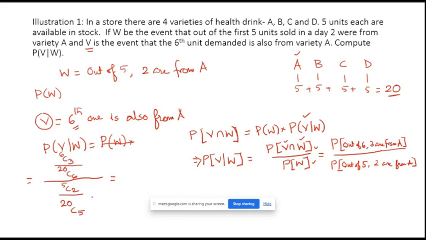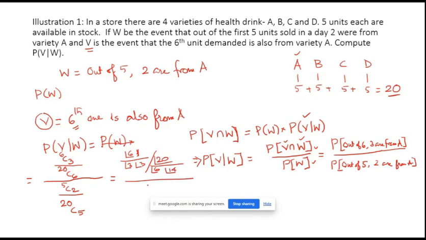Now you just break the combination, and what you get here is 6 factorial divided by 3 factorial into 3 factorial, whole thing divided by 20 factorial, then 6 factorial divided by 6 factorial into 14 factorial.